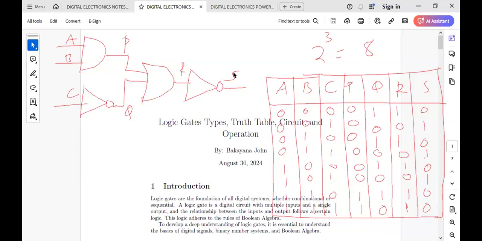And then Q was a 1. Okay, I think that is it. That is it. So, friends, any question?